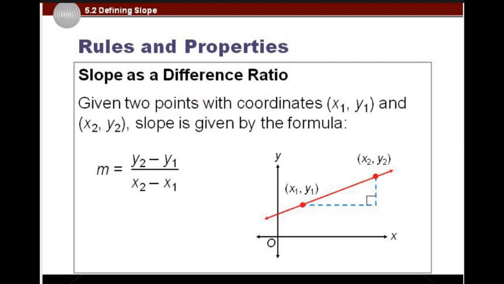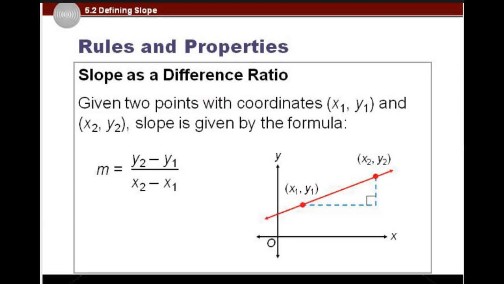Now you look on the bottom here. Instead of run, we have replaced run with what? That's right. Instead of run, we have x2 minus x1. So rise, y2 minus y1, over run, x2 minus x1.